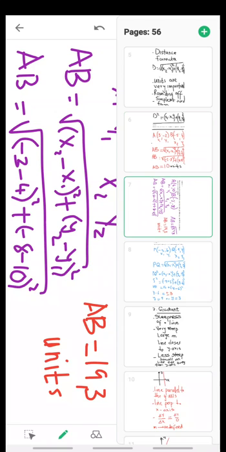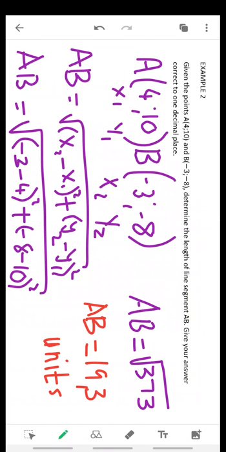Let's go to example number 2. Now, in example number 2, we are given the points A (4, 10) and B (minus 3, minus 8), and the question is determine the length of line segment AB. We are more or less doing the same thing as in the previous question. Give your answer correct to 1 decimal place. Sometimes I may say to you, leave your answer in the simplest surd form.